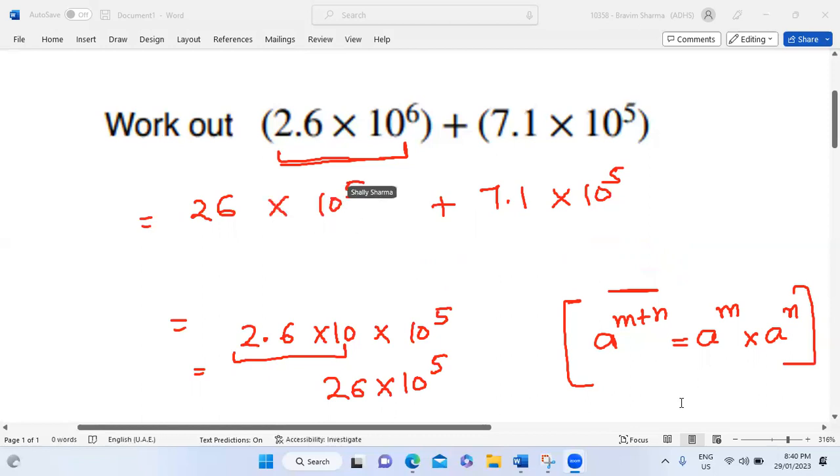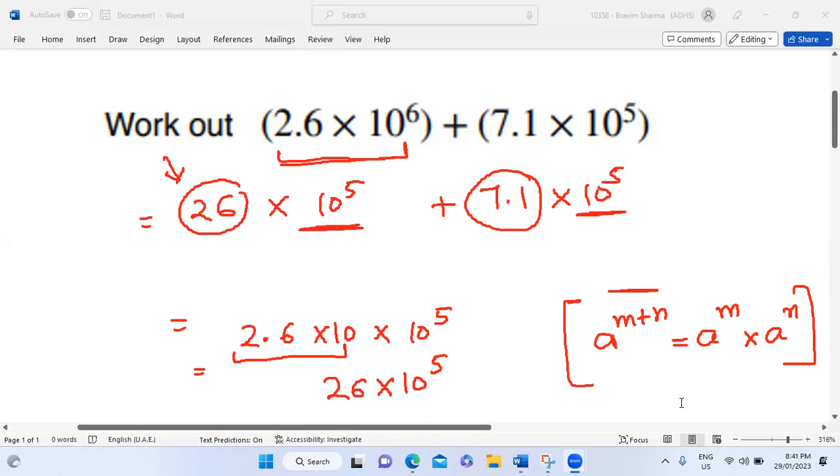Now, because this 10 raised to the power part is the same, you just need to add the A part of both the numbers. Though it is not in standard form, that is okay because this is not our final answer.